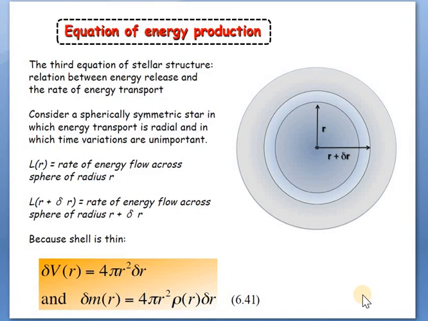Now, let us consider yet again a spherically symmetric star in which the energy transport is radial and in which the time variations are unimportant. Then Lr is the rate of energy flow across the sphere of radius r, and again the same for r plus delta r. This is the rate for the sphere of radius r plus delta r, the bigger one.